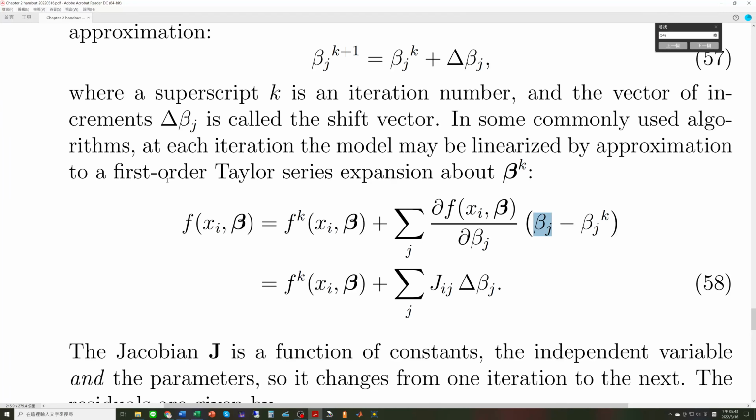This is the first order Taylor series expansion. If you forget it, please review a calculus textbook.